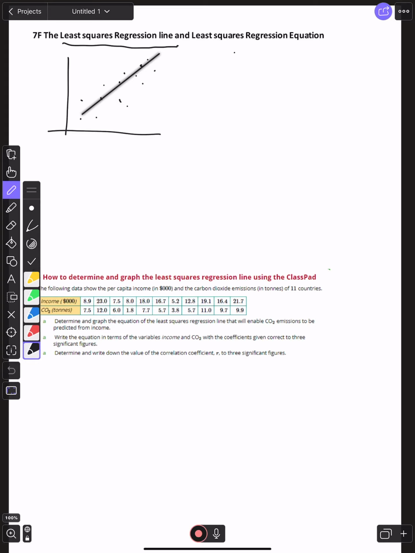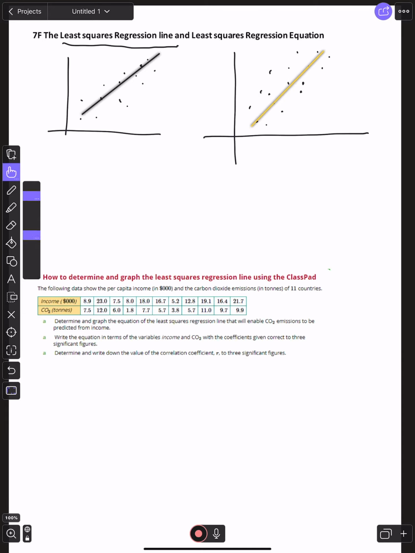What is happening here, why it's called a least squares regression line, if you've got a scatter plot like this, what your calculator is doing, with amazing accuracy, is moving this line to reduce the squared amount of each of the distances from each point to the line.